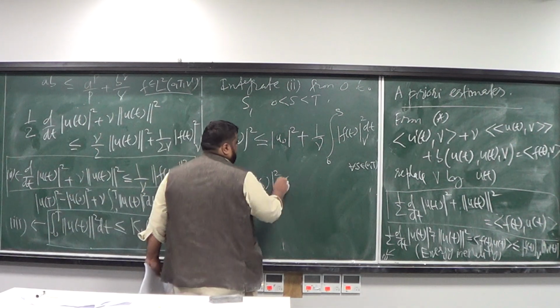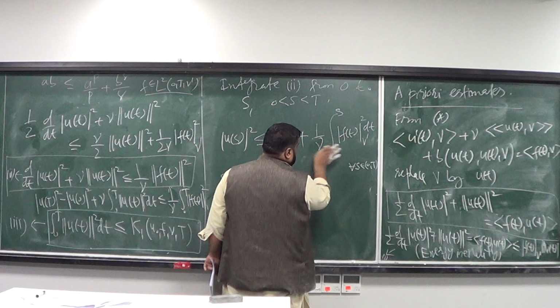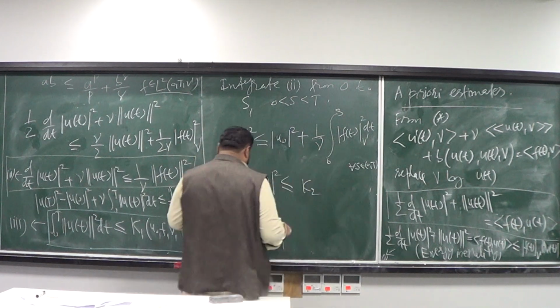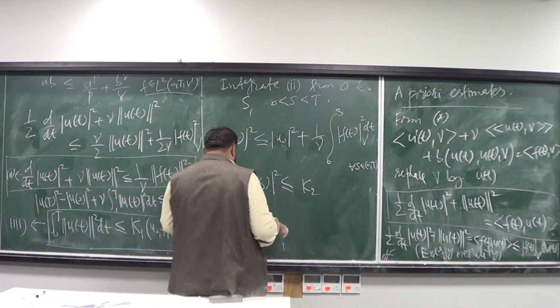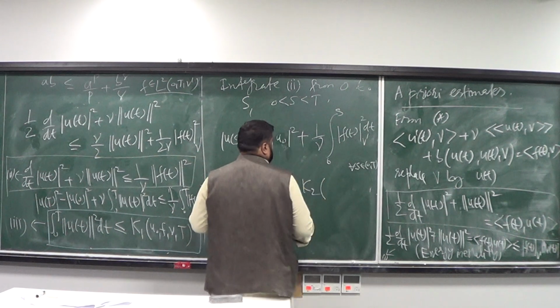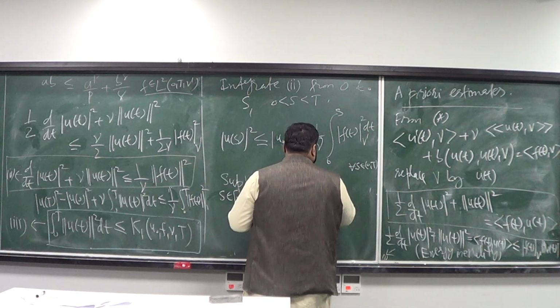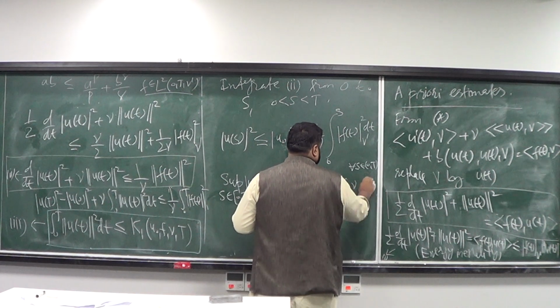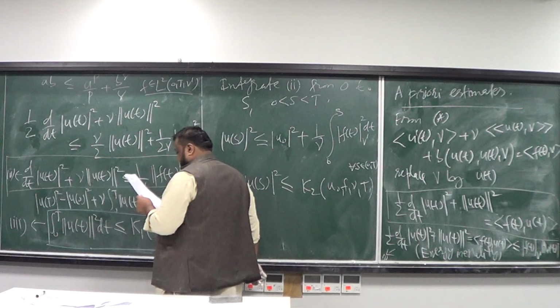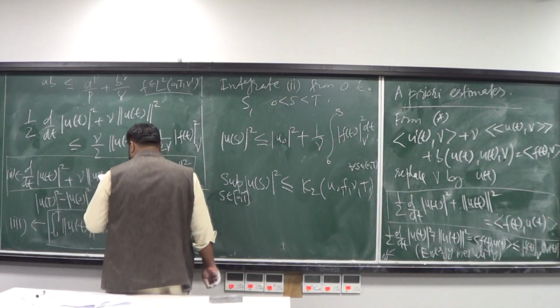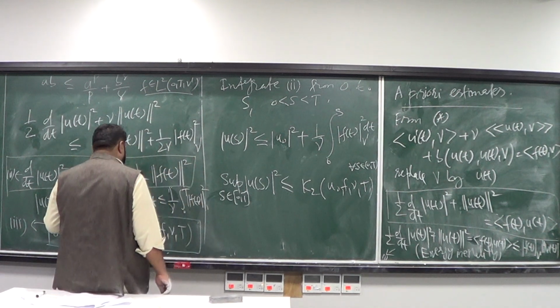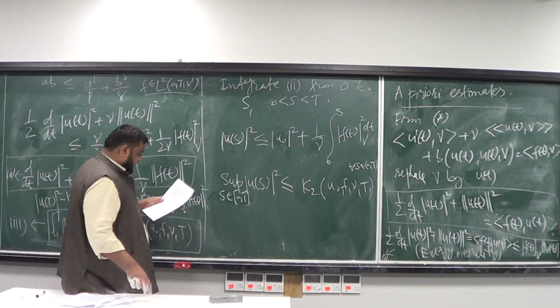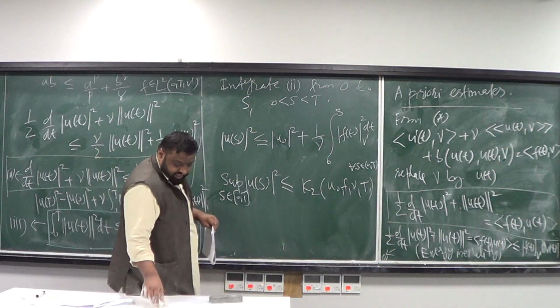Let's call everything on this side k2. So k2 is something that depends on u₀ again, f, ν, and capital T. So this is another important inequality.